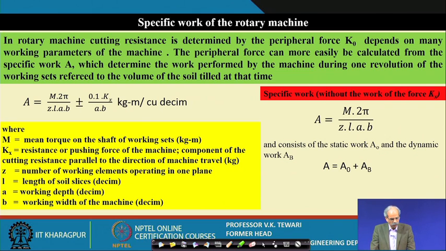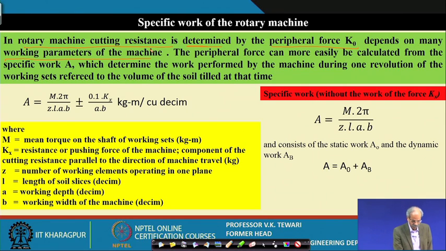Now we have seen that after the rotor we will have blades, and these blades will operate. Now, in rotary, let us have a look at it. See, the rotary machine cutting resistance is determined by the peripheral force K0, which depends on many working parameters of the machine.